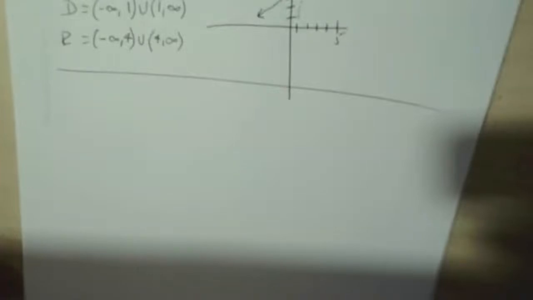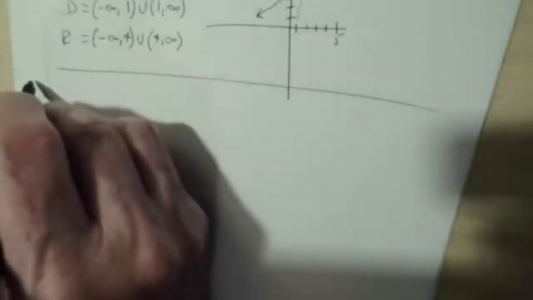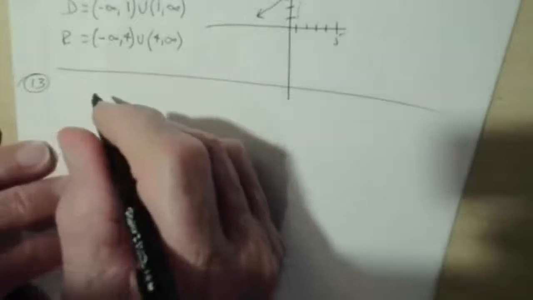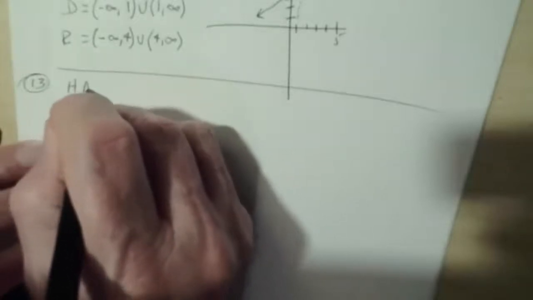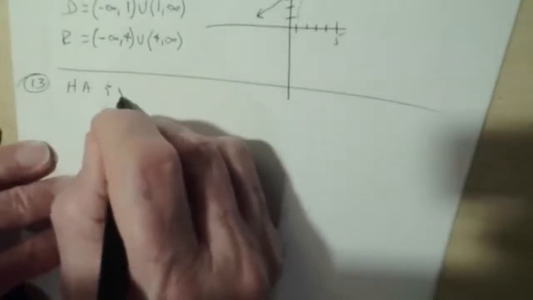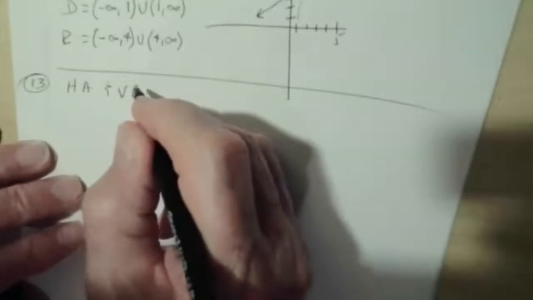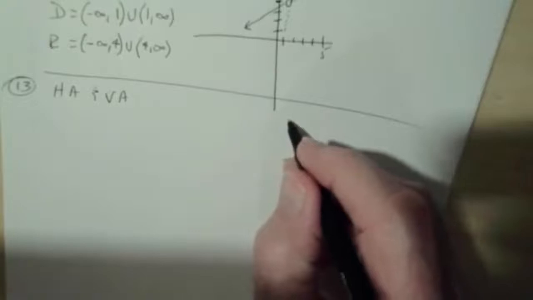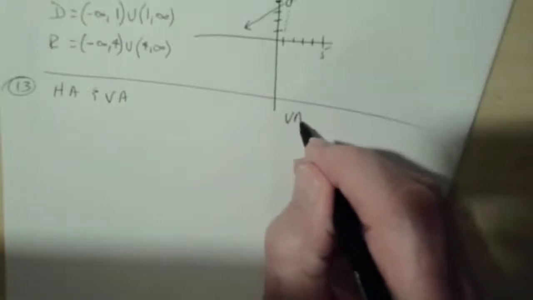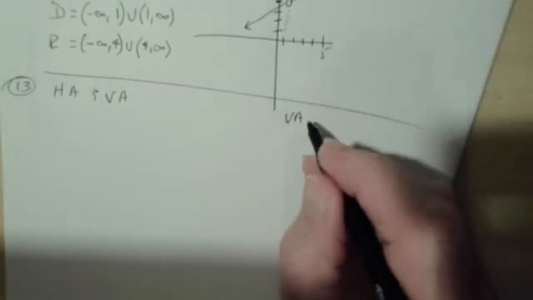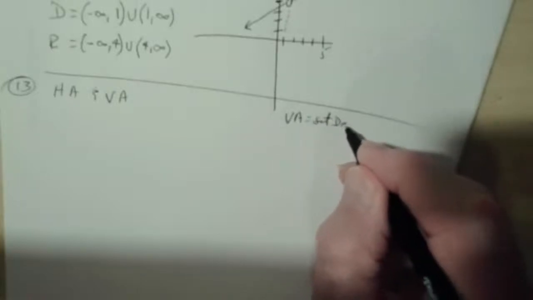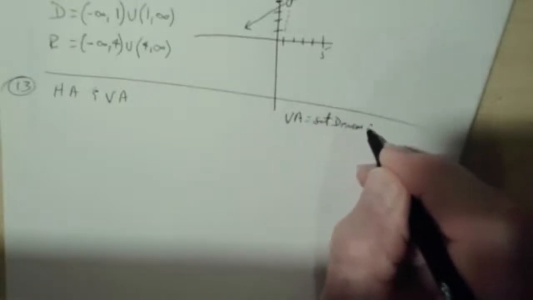Number 13 is find the horizontal asymptote and the vertical asymptote. Remember, to find the vertical asymptote, set the denominator equal to 0 and solve.